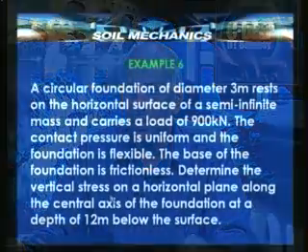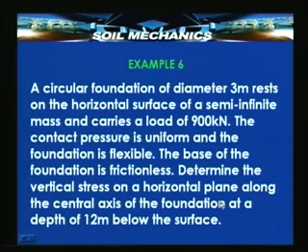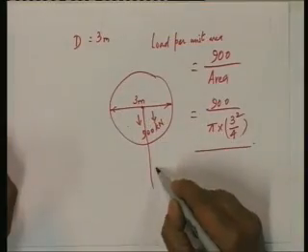The point in which we are interested is the vertical stress on a horizontal plane along the central axis of the foundation at a depth of 12 meters. That means, the point we are interested in is located directly beneath the center at a depth of 12 meters.